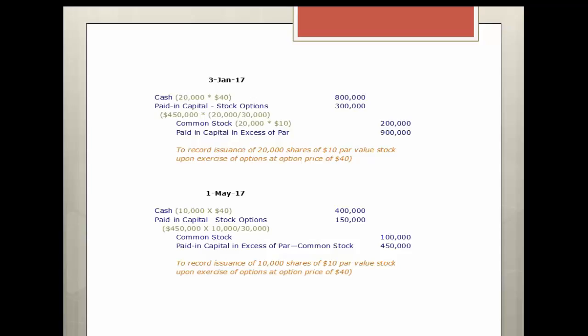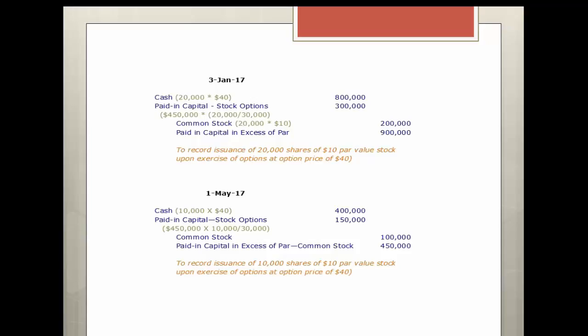May 1st, we're exercising the 10,000 shares times $40. That's the value of the strike price of the option. That's $400,000. The paid-in capital common stock options is the $150,000, and then it's either going to common stock or the paid-in capital in excess of par.